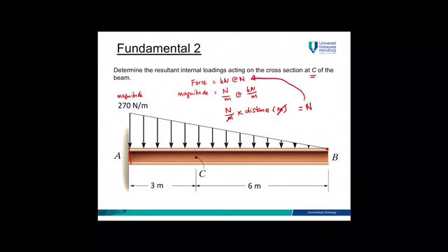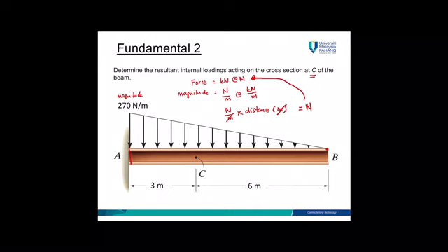Newton is a force. Okay, that is how you solve the linear distributed load or uniform distributed load. You need to times the magnitude with the distance, because we would like to cancel out the meter, and then you will get the force value.